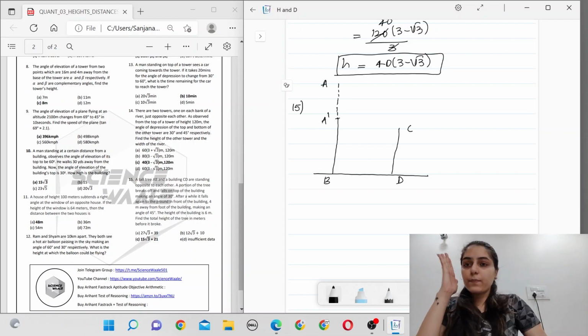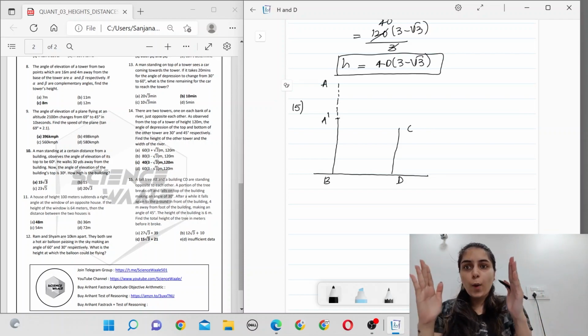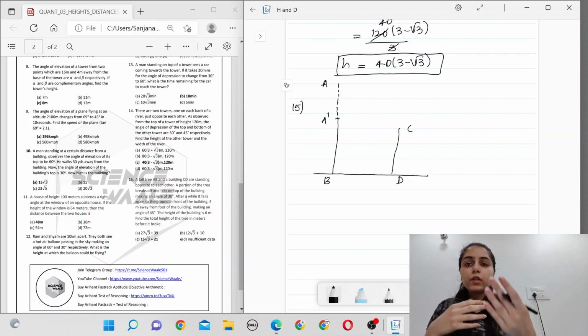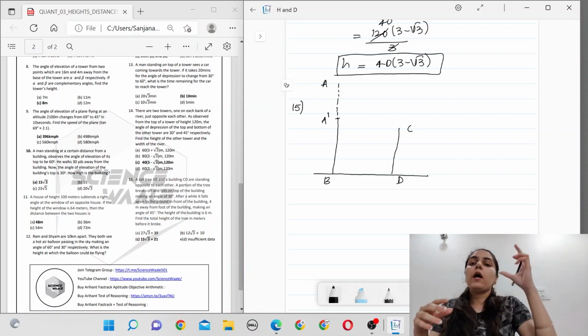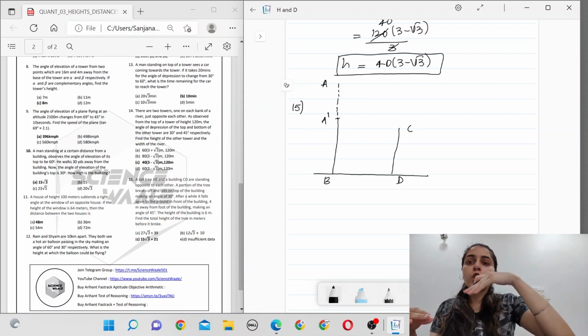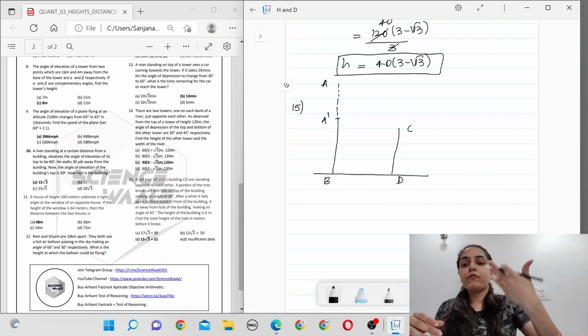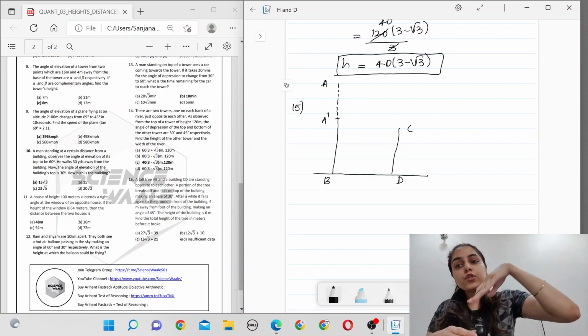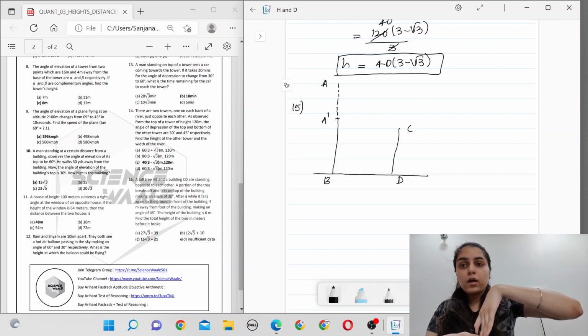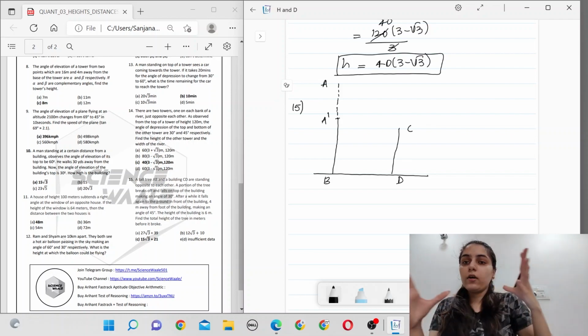They are giving us that there is a building and a tree which are standing opposite to each other. But after some time, due to some reasons, a part of the tree first falls on the top of the building, and after some time, it falls to the ground 4 meters away from the foot of the building.